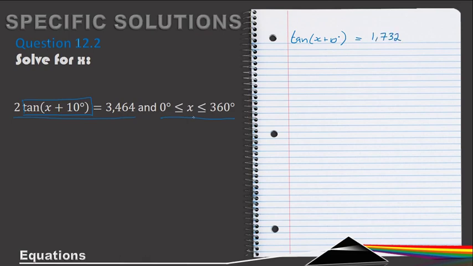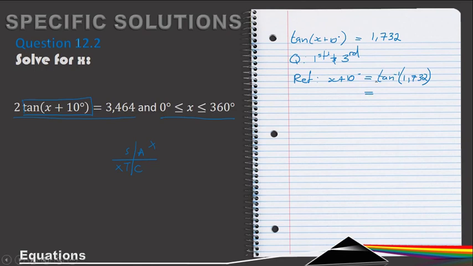All right, now to start off with, we have quadrants. So where is tan positive? Tan is positive in the first quadrant and in the third quadrant. So that's first and third. Then my reference angle will be x plus 10 degrees is equal to the inverse of tan of 1,732.